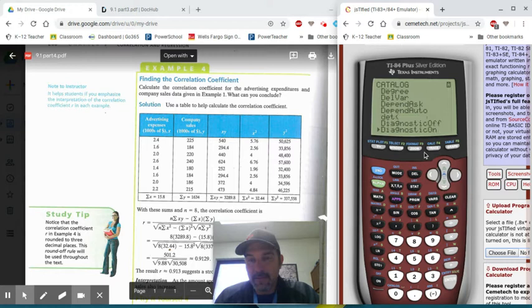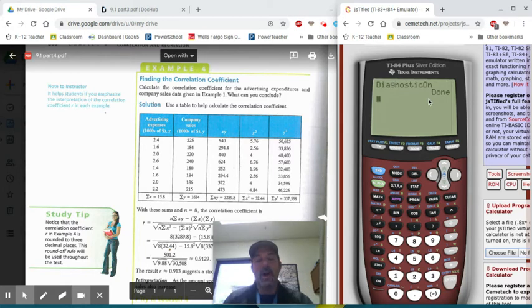So diagnostics on, off, diagnostics on. I have to scroll down to that, hit it, hit it again, and now our diagnostics are on. So make sure you do that. You go down to catalog, scroll down to diagnostics on, and hit enter twice in order to turn those things on.